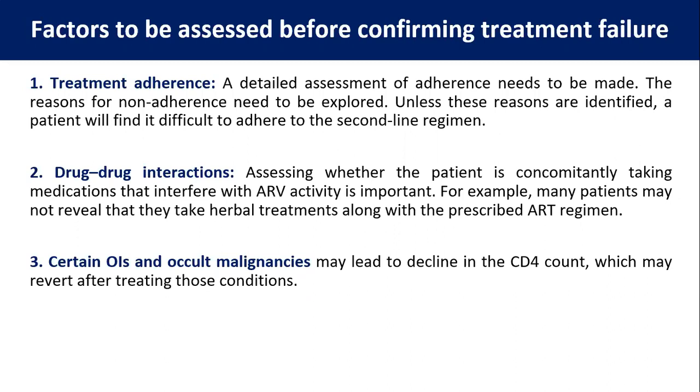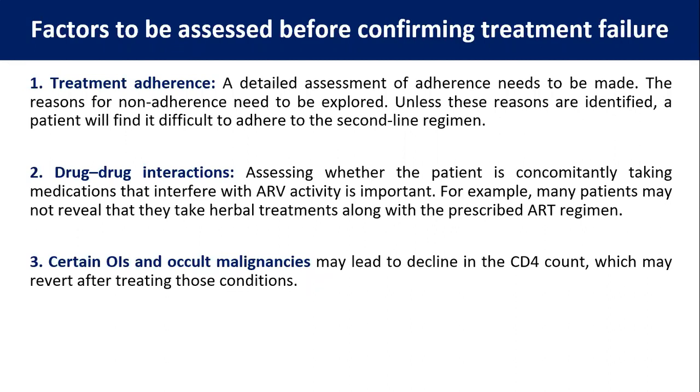Now, this treatment failure can be due to different drug-drug interactions. Say, for example, there are many enzyme-inducing anticonvulsants, which are prescribed routinely for epilepsy and also for different psychiatric disorders. In the presence of those, say carbamazepine, which is an important enzyme inducer of the P450 enzyme system of the liver, our ART regimen is going to fail.